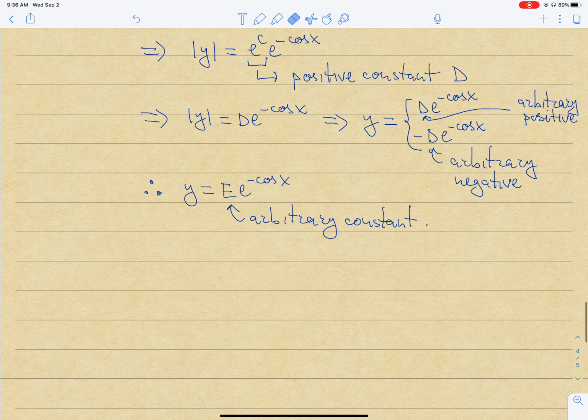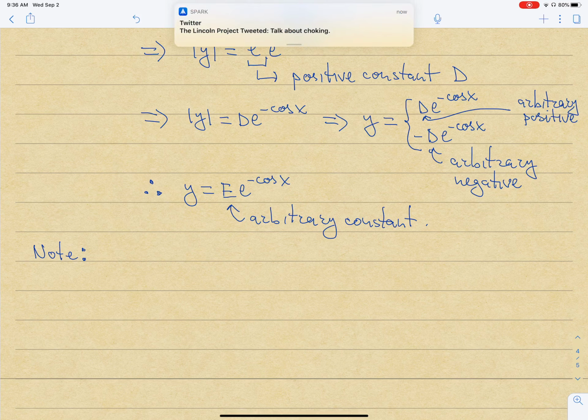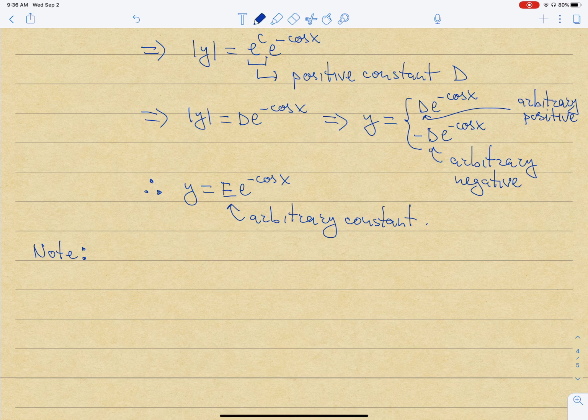And note one particular thing in this case. So note that I got rid of ln, right? So there is no problem now that I had before when I had to take natural log of 0. So if capital E is equal to 0, then y is identically equal to 0.